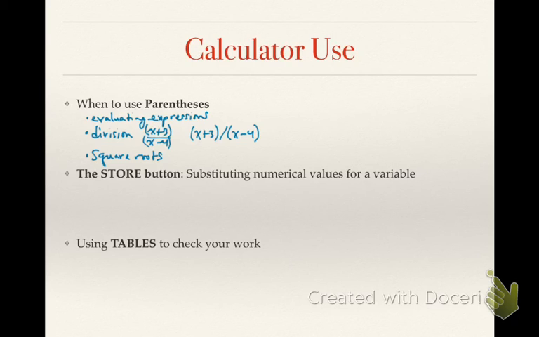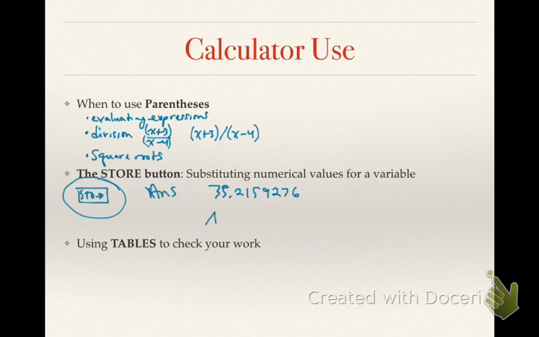Now the store button can be helpful if you want to evaluate a long expression. What you can do is on the bottom you see the store button STO with an arrow. That means if you get an answer, say your calculator gives you 35.2159276, and you don't want to keep typing it in every time, you can press that store button.